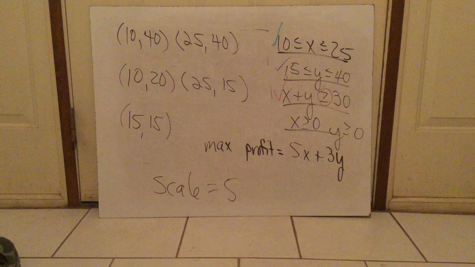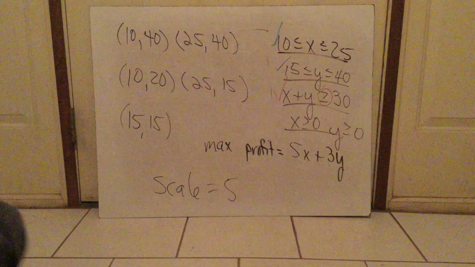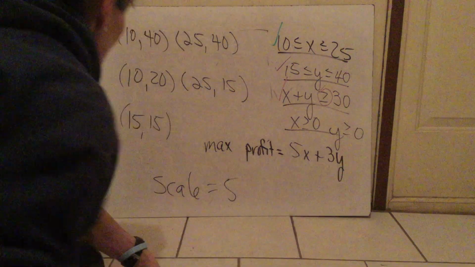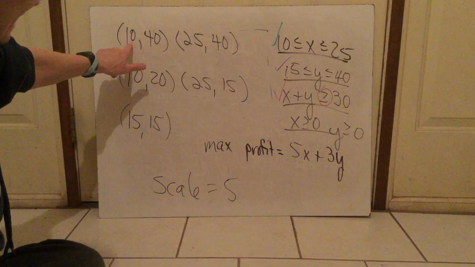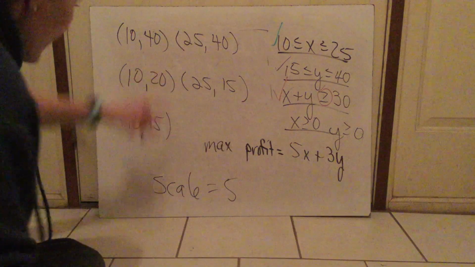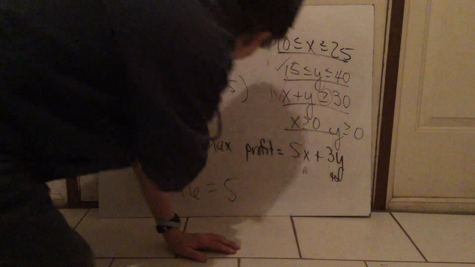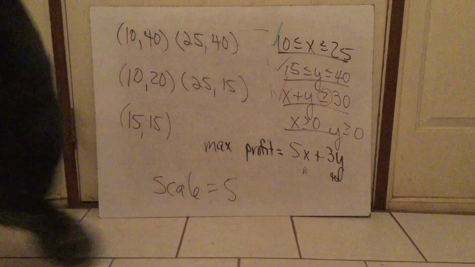And how do we figure that out? By plugging each of these points into our profit. So for this one, for example, you're going to plug in 10 for x and 40 for y. So put 10 in here and 40 in here and figure it out. And do that for each point.